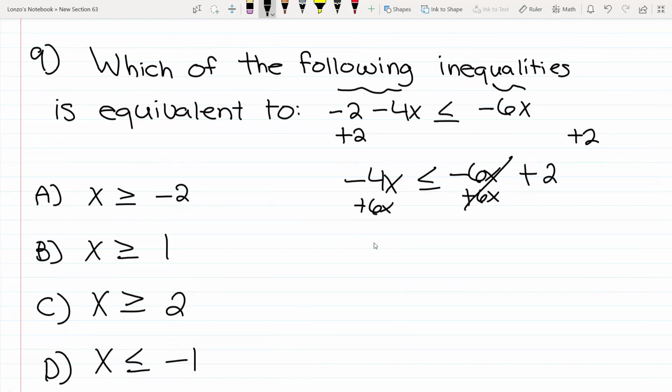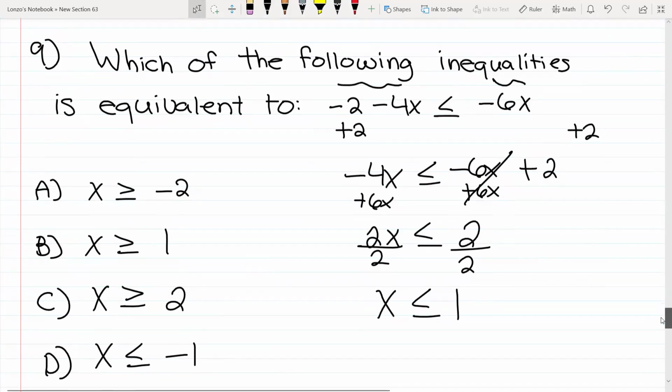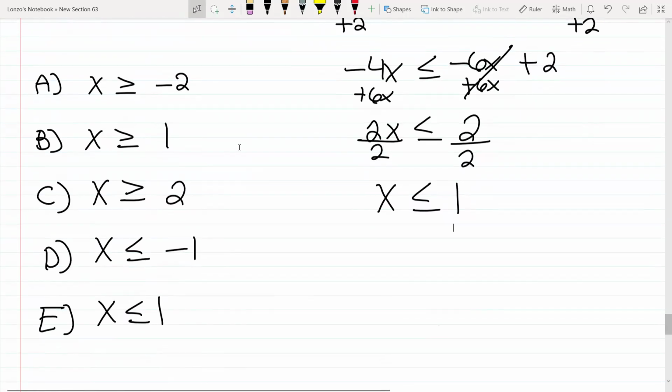What's negative 4 and 6x? Positive 2x is less than or equal to 2. And then I'm going to divide both sides by 2, and you get x is less than or equal to 1. Now, you don't flip the sign because you only flip it when you divide or multiply by a negative. Okay, so that looks like, you don't see it, but it's letter E. Let me scroll down. Yeah, letter E.